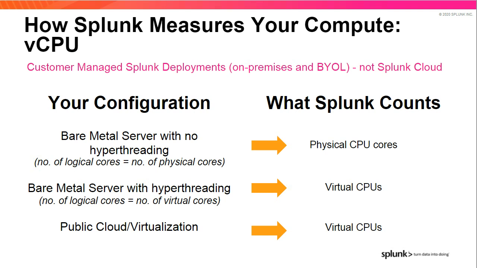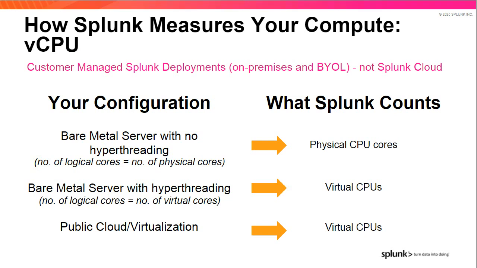We'll still be talking about Splunk workloads, and the unit of measure there is a vCPU. A vCPU basically maps to a logical core that you're using to run the business of Splunk. I call it the business of Splunk because, as we've said, it's going to be for the search heads and indexers only.